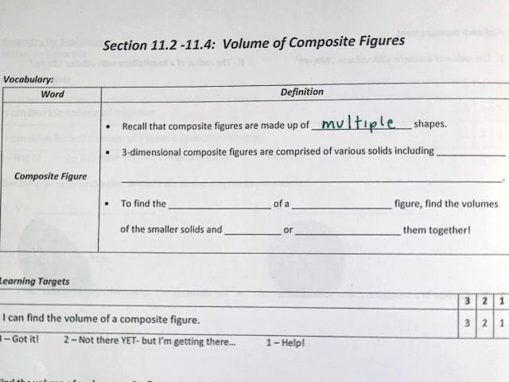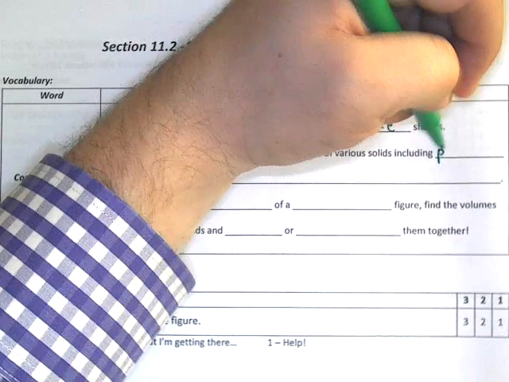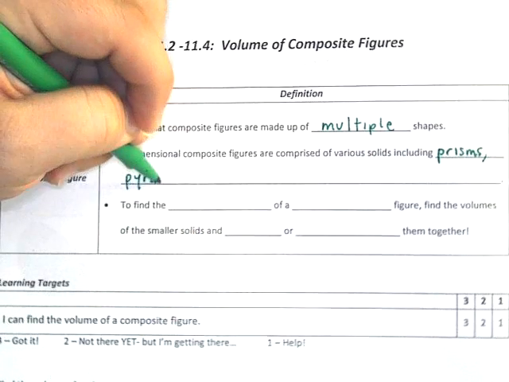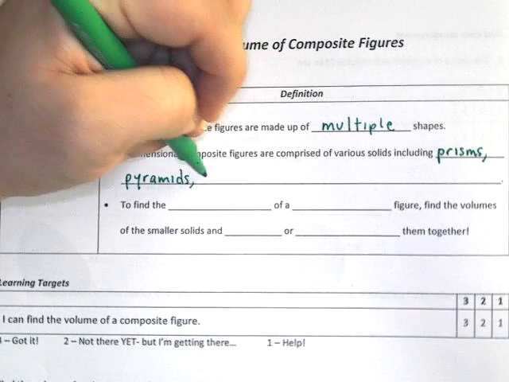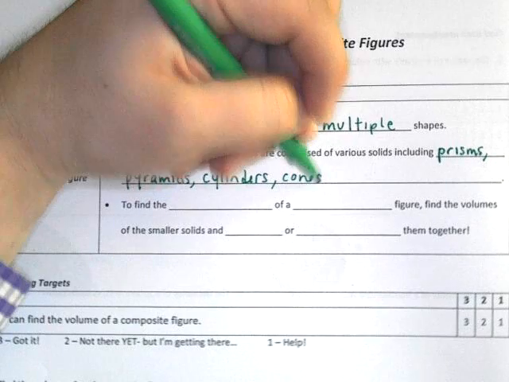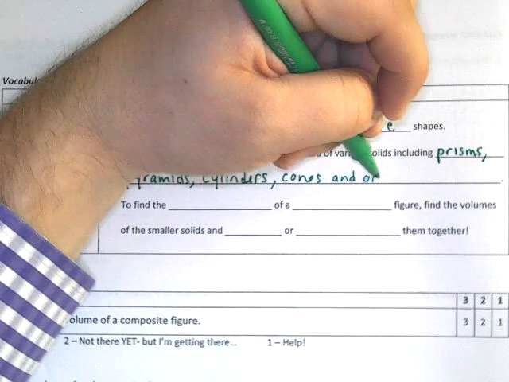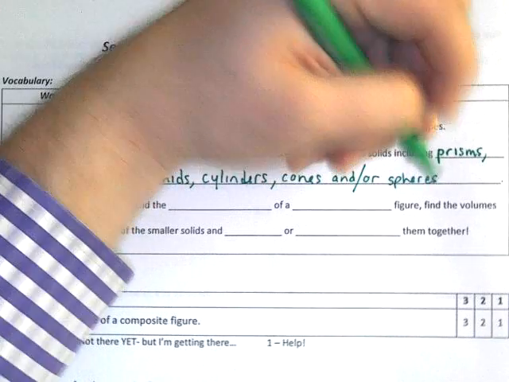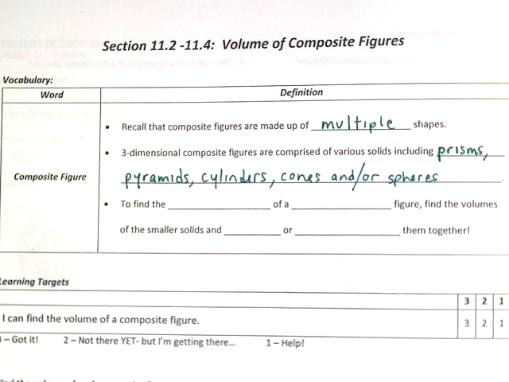These composite figures are comprised of various solids, including prisms, pyramids, cylinders, cones, and/or spheres. Basically all I'm saying is anything that we've calculated the volume for so far in this chapter, you can see again now with composite figures.